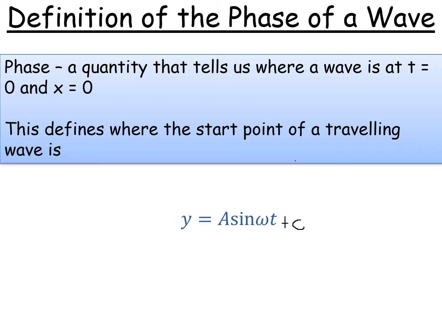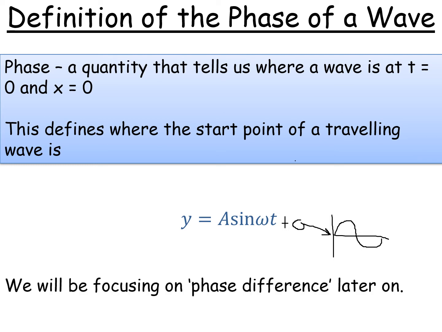If you draw the sine graph, you would have something like this. So we could put a plus 0 at the back there, and that would be your sine graph. This would be telling you it's starting at the origin of the graph. So that's where we talk about phase. Now, in fact, we're going to be focusing on phase difference because that really is where we get more interesting examples.